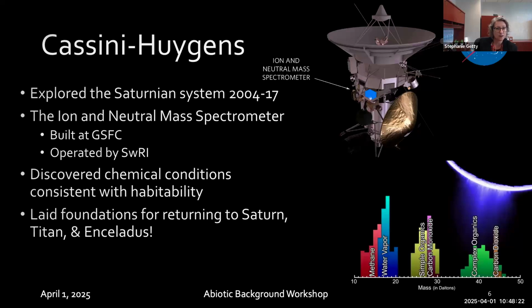So you can see here, when we launch a spacecraft like Cassini-Huygens, going far from planet Earth, of course, we want to build something that is flexible to discoveries and capable of making foundational measurements that prompt the next set of questions. Over the 13 years that Cassini orbited the Saturnian system, it had the opportunity to not only discover the plumes of Enceladus, but also touch some of that material.